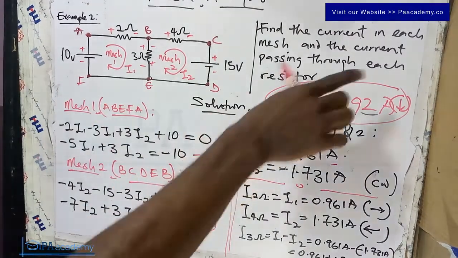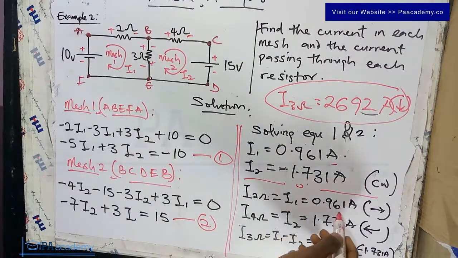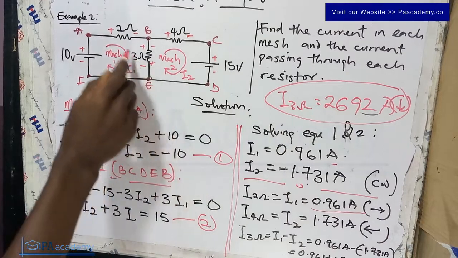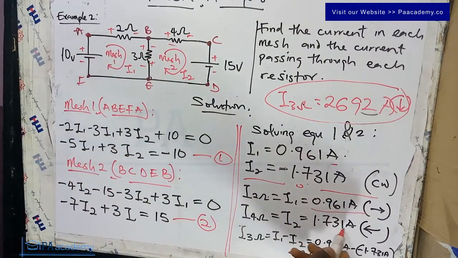So we've also gotten the current that is passing through each of these resistors. Through the 2 ohm resistor, we've gotten that to be 0.961 amperes. Through the 4 ohm resistor, we've gotten it to be 1.731 amperes, and these are the directions for the current passing through the 2 ohm and 4 ohm resistors.